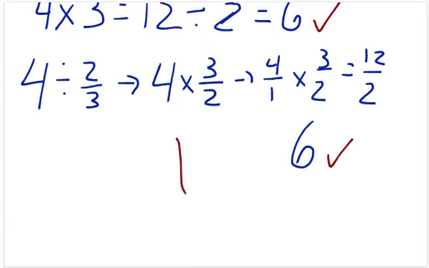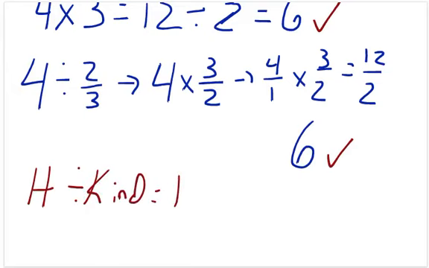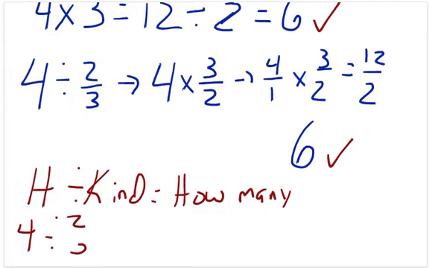And again, let's talk about what this question is really asking us. It's what I have divided by the kind of groups, and it's going to tell me how many. So if I have 4, I'm splitting it into thirds, right? I'm splitting it into groups of 2/3. So I have to cut it into thirds to give away 2/3.